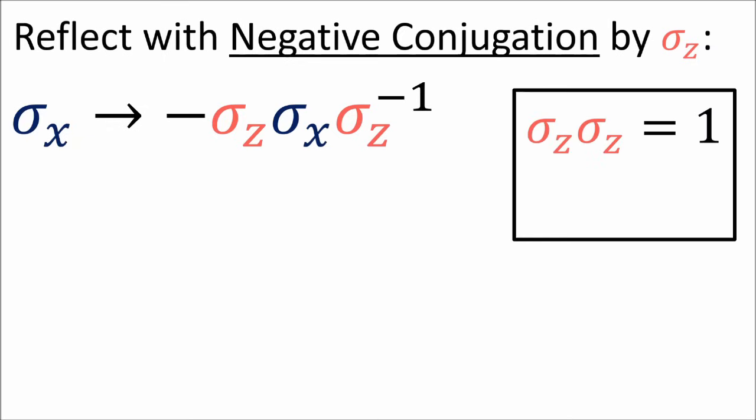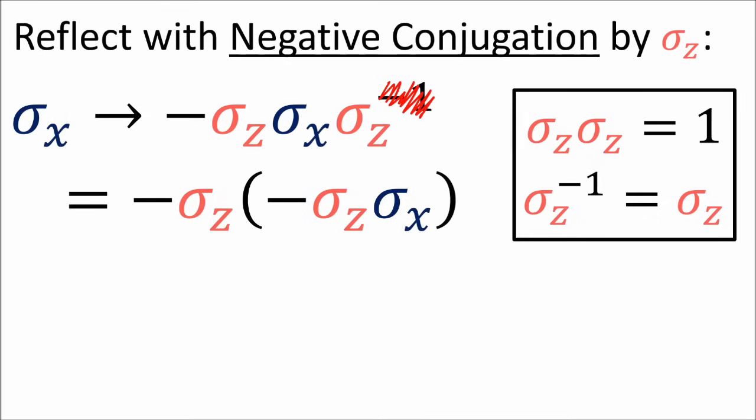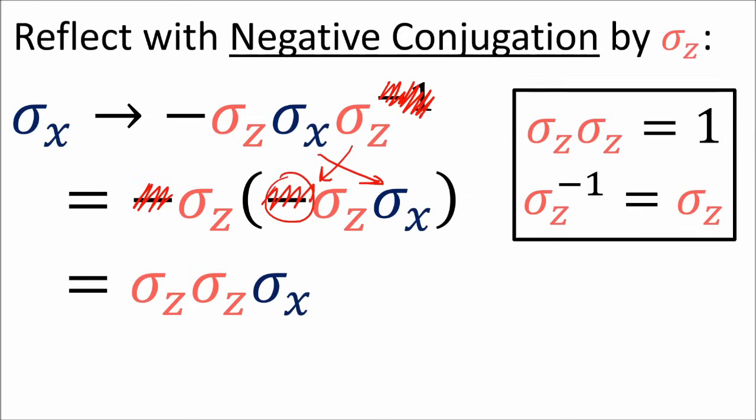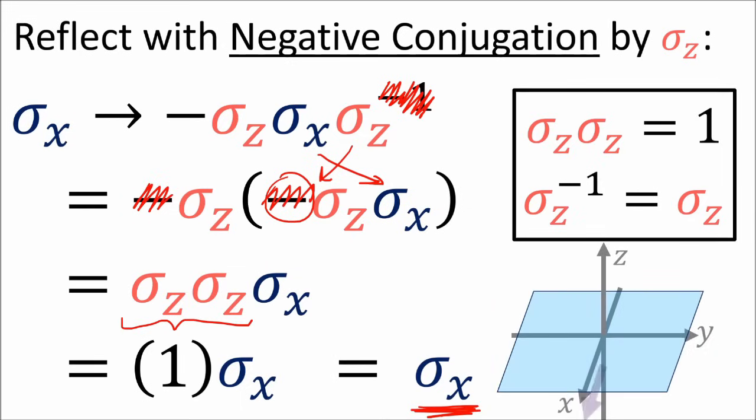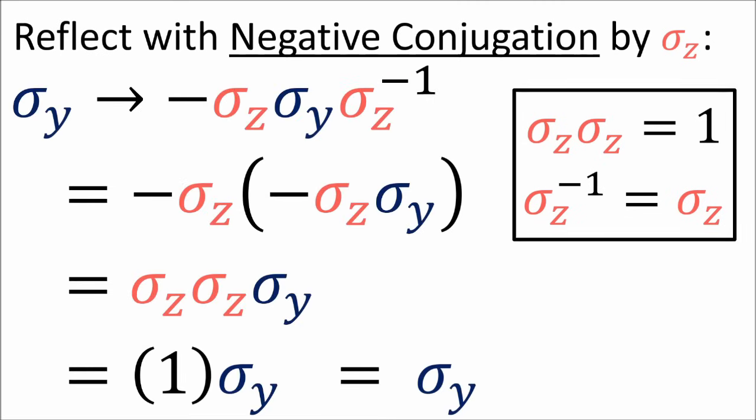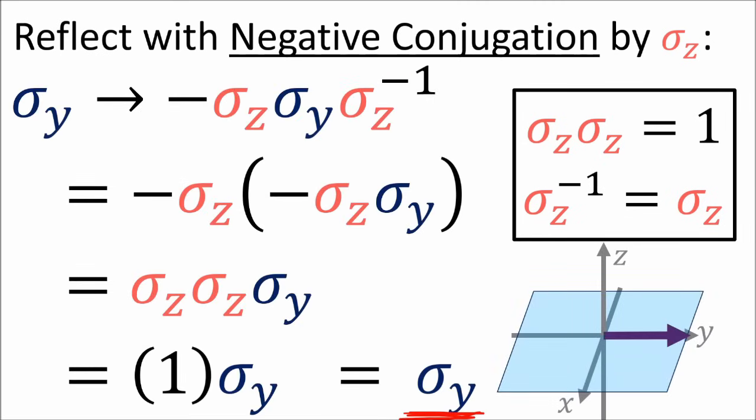Since sigma z multiplied by itself gives +1, this means sigma z is its own inverse, so we can just drop the inverse operation. After swapping, we get an additional negative sign in front, which cancels with the first negative sign. Also, sigma z squared gives us +1, so we get sigma x as a result. It makes sense that sigma x is unchanged when we reflect it in this mirror associated with sigma z. The same is true for reflecting sigma y along the z-axis.